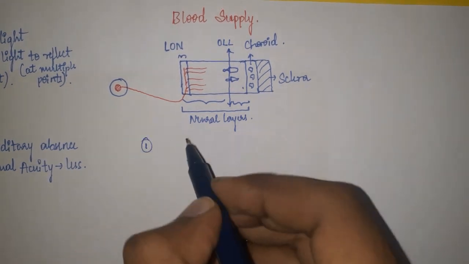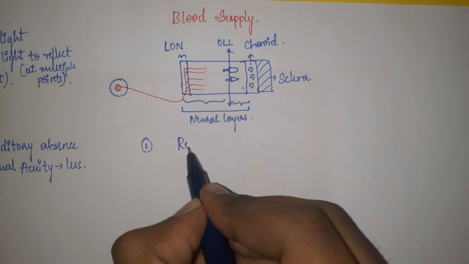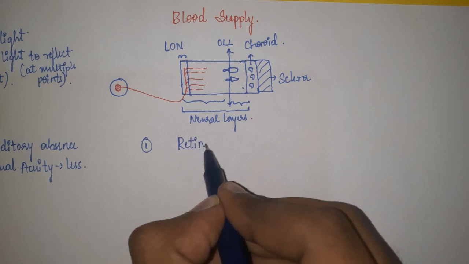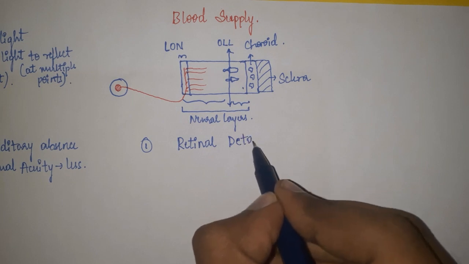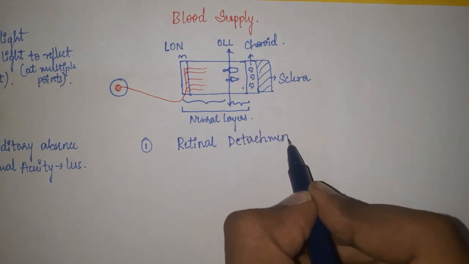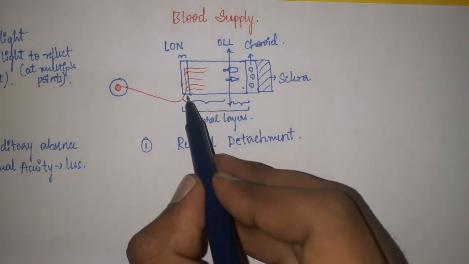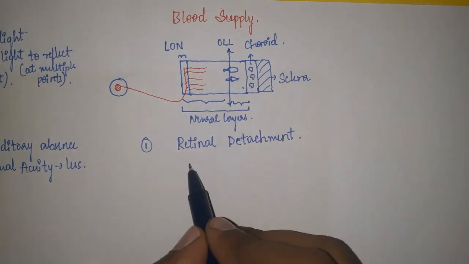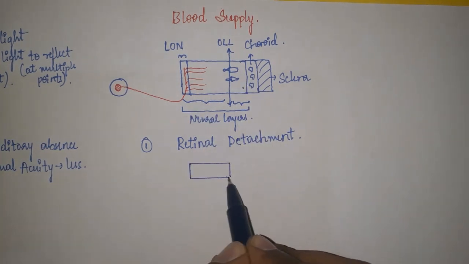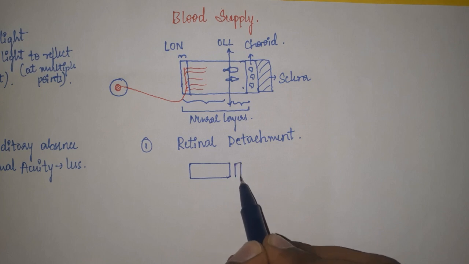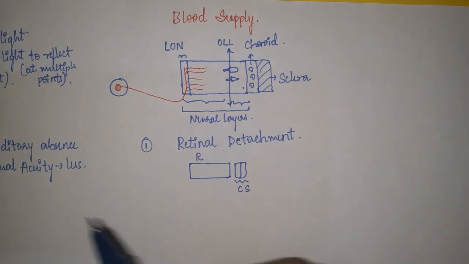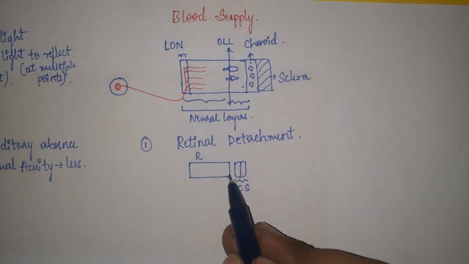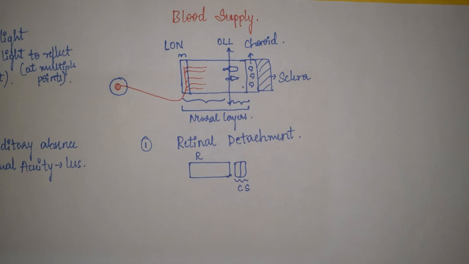This clinical condition is retinal detachment, meaning separation of the retina. Look here, this neural layer of retina is separated from the choroid and sclera.